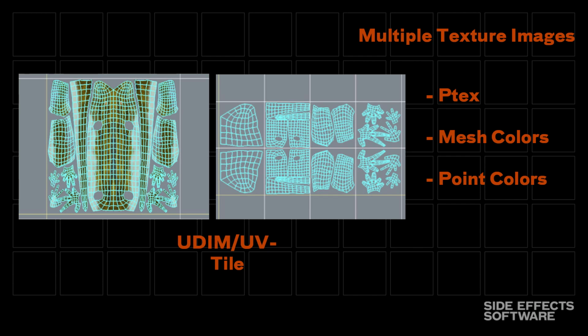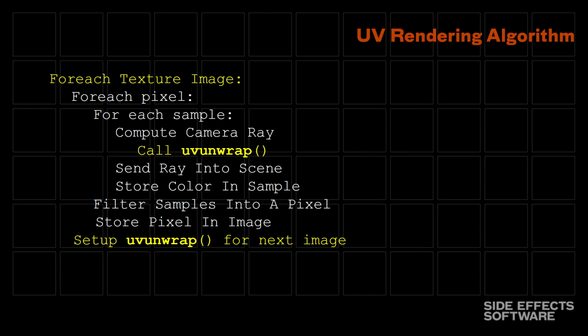And so as we compare, as we looked previously, this is a UV rendering algorithm. So now instead of rendering for the image, we're rendering for each texture image. And we'll look at the way the ROP is set up, which basically allows you to specify a whole group of objects that you want to process. But for each of those texture images, for each pixel, for each sample in each pixel, we compute the camera ray.